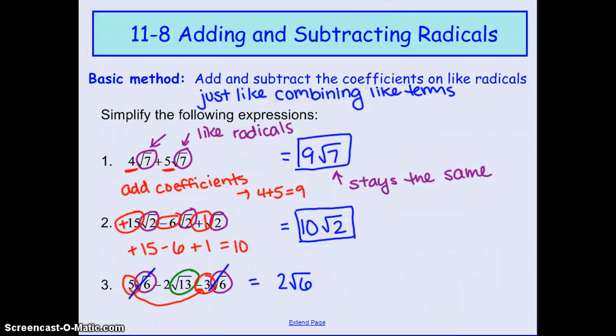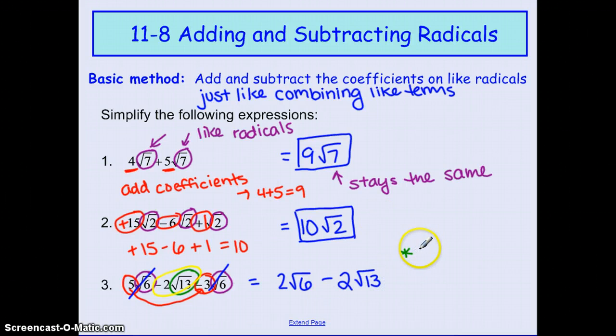However, we can't really do anything with this negative 2 radical 13 because we can't combine it with the radical 6's because they don't have the same radical. So what we're going to have to do is just write it by itself. Minus 2, because it was already negative, radical 13.